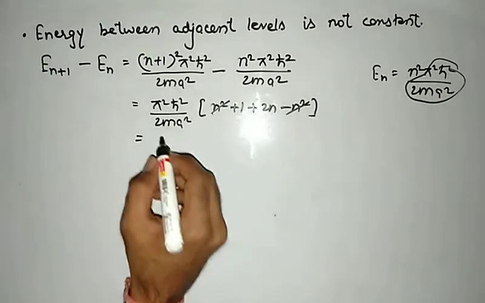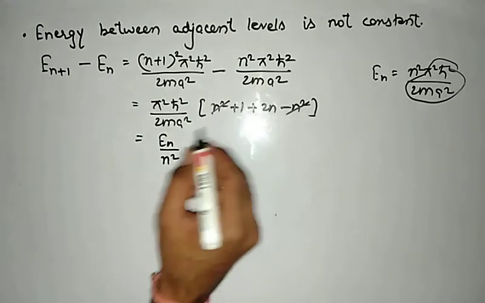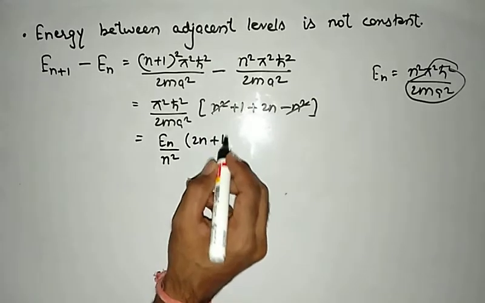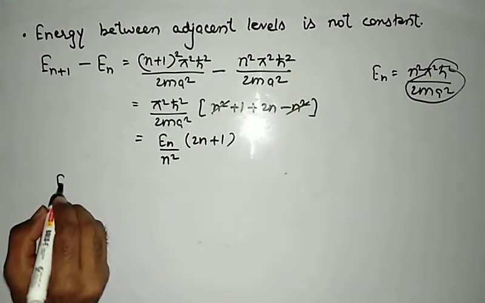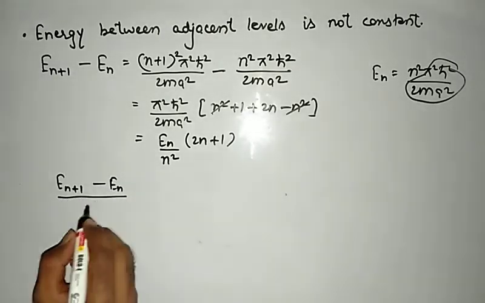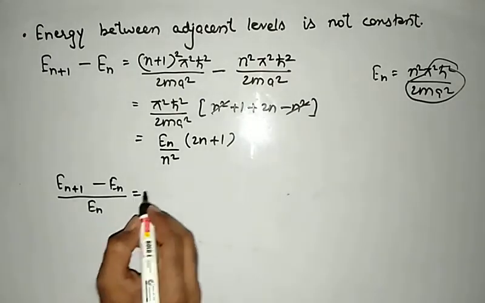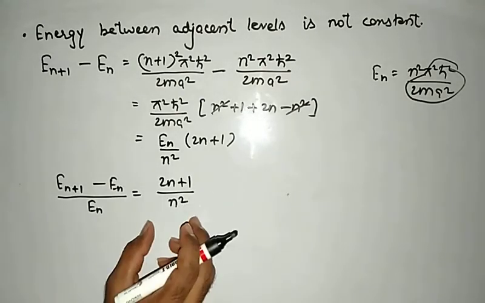Writing En upon n square, and this is 2n plus 1. In a better way, En plus 1 minus En upon En is equal to 2n plus 1 upon n square.